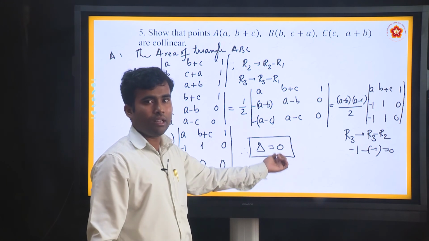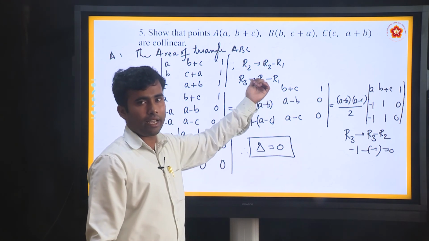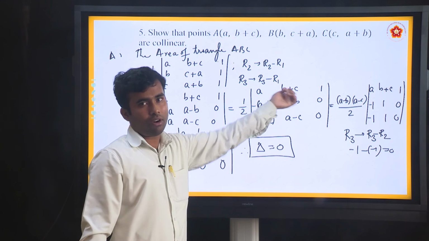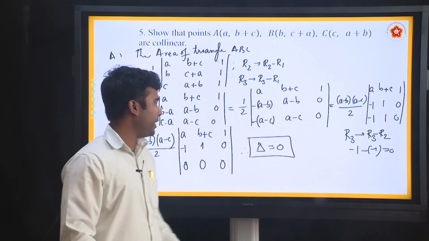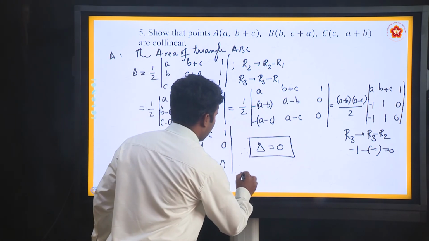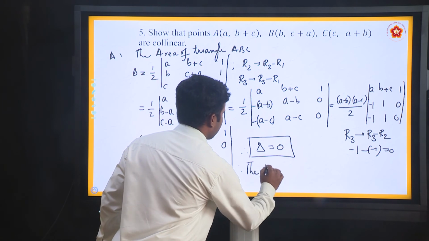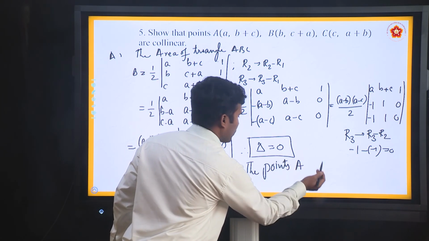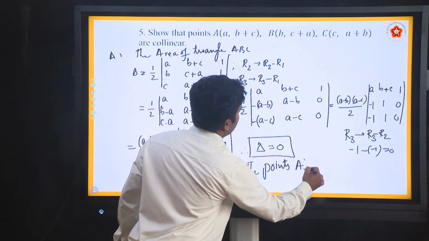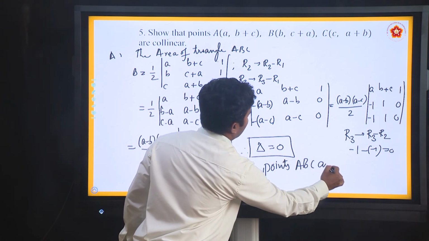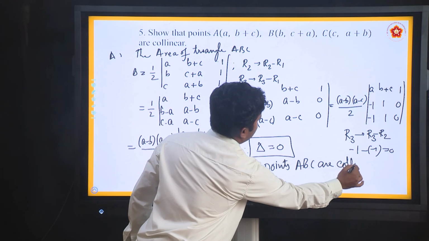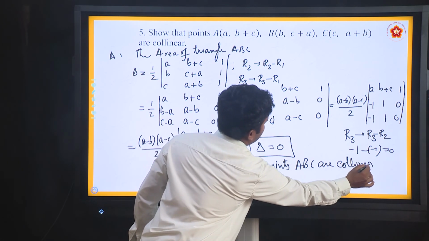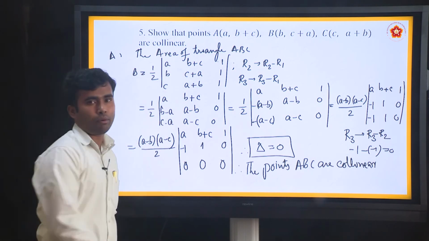That shows that all the vertices lie on a line. Therefore, all points are collinear. Hence we can say that A, B, C are collinear. This proves the given problem.